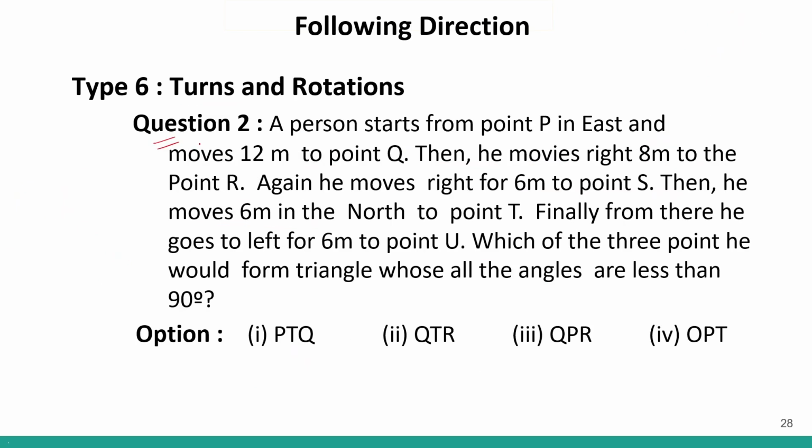Now question number 2. A person starts from point P in east and moves 12 meter to point Q. So this is point P and he moves 12 meter east to reach point Q. Then he moves right 8 meter to reach point R. Again he moves right, so right will be this direction, 6 meter to reach point S. Then he moves 6 meter north to point T. So 6 meter north, this is 12 and this is T, right?